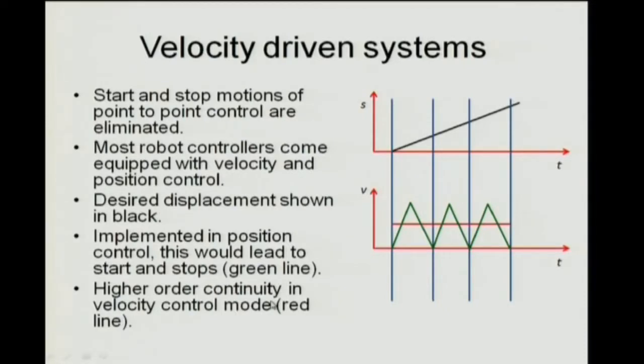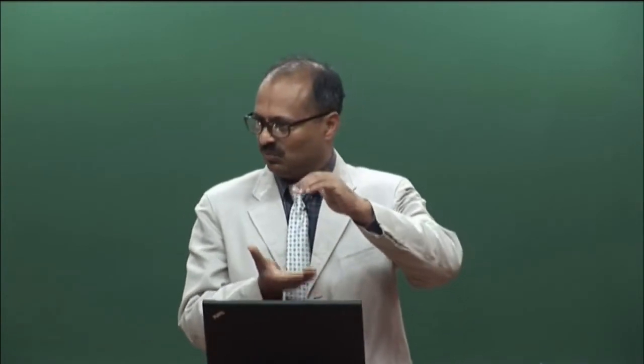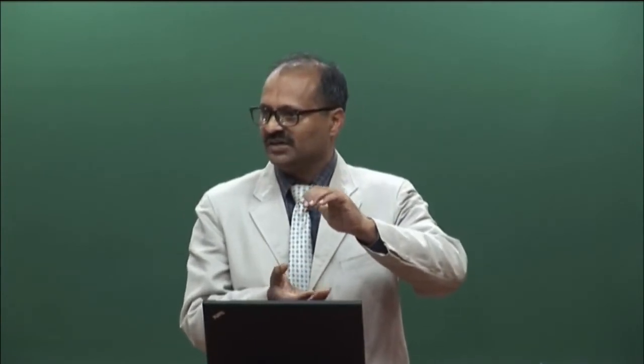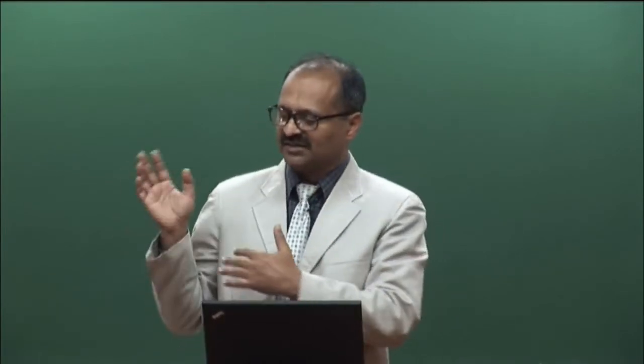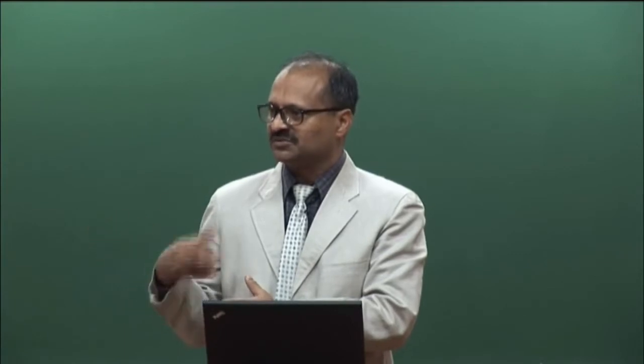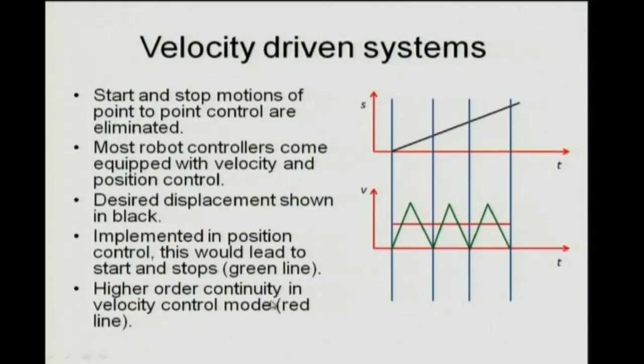Number two is, when you saw the KUKA, you would have seen that for each axis there is a box. That is the motor driver. And then there is a controller box, which has all the kinematics equations for the robot.